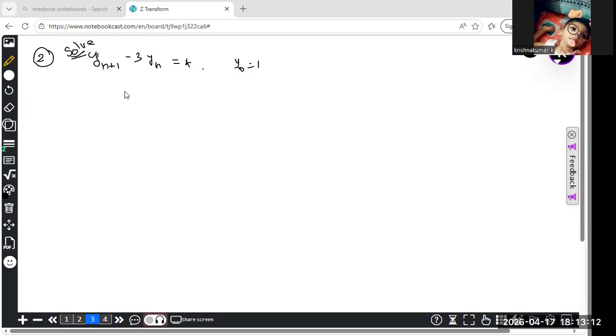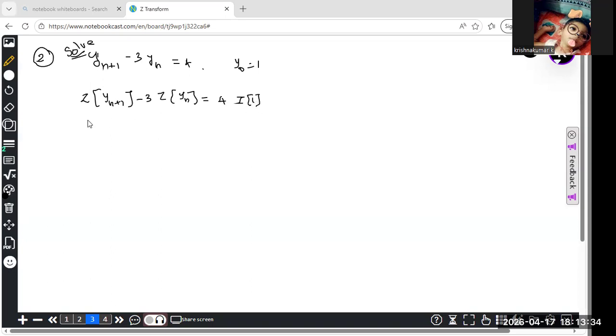Okay, so first you take, as I told you earlier, first you take z transform on both sides. So z transform of y(n+1) minus 3 times z transform of y(n) is equal to 4, which is a constant, so 4 times z transform of 1.